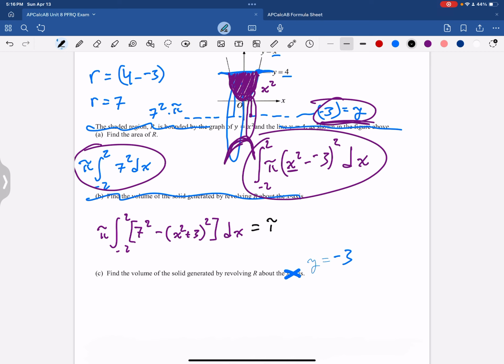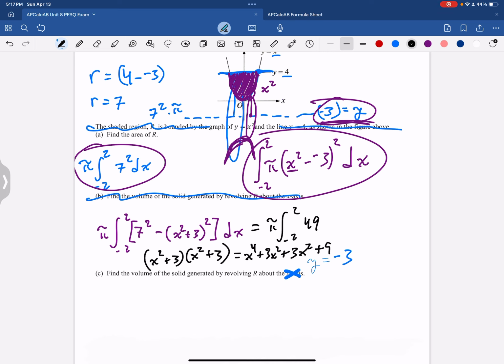Okay, so we have pi, -2 to 2, 49. Oh man, we're going to have to square that. So it's x squared plus 3 times x squared plus 3. That gives me x to the 4th plus 3x squared plus 3x squared plus 9.